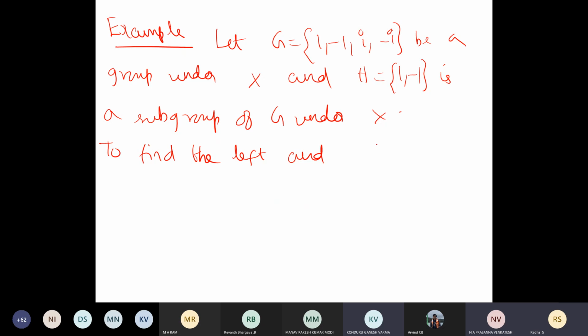To find the left and right cosets of H in G.